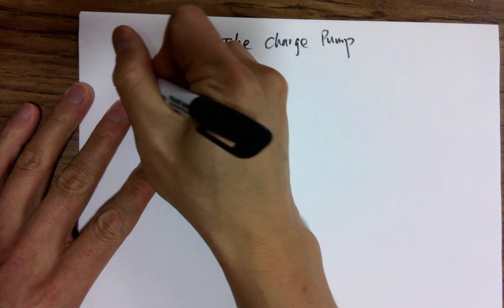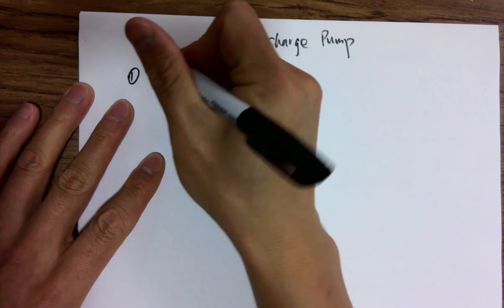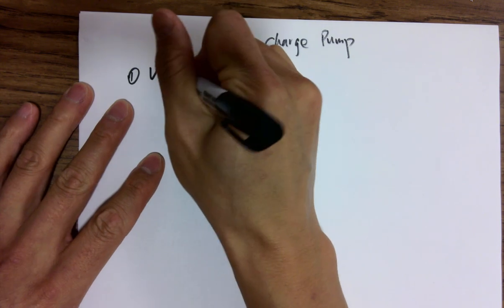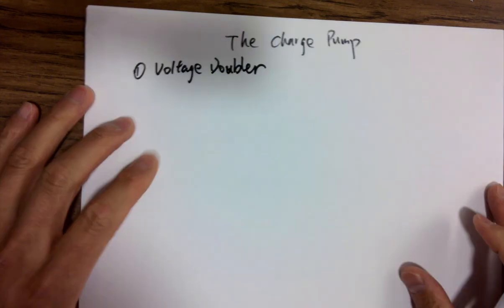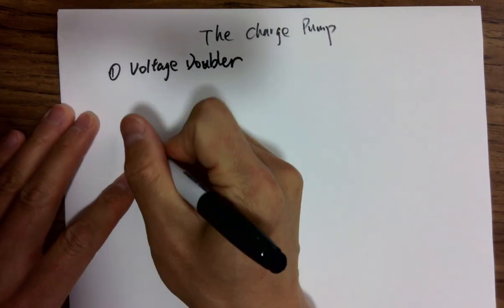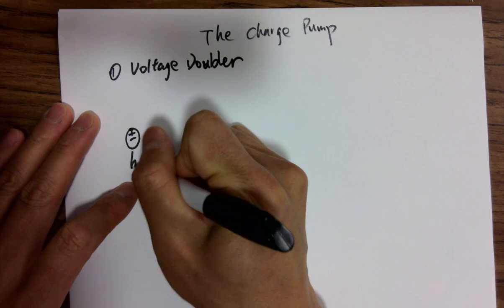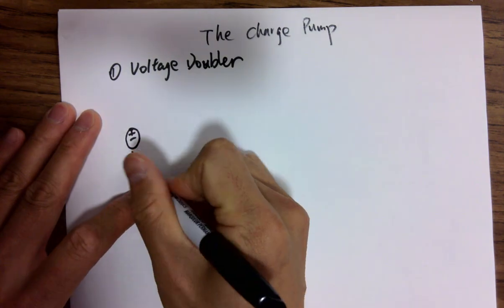So let's start with a voltage doubler first. What's a doubler? Here's a voltage. Oh, I don't want to ground it. Sorry.